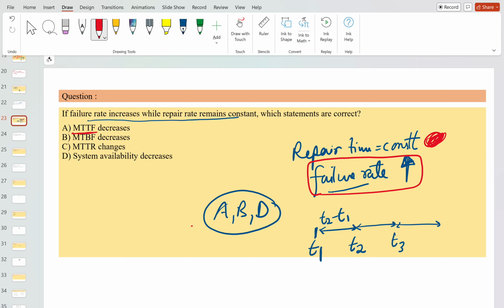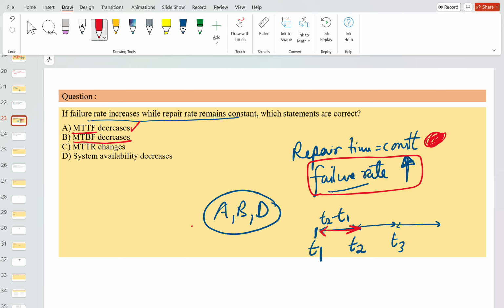When the failure is occurring at a faster rate, the mean time to failure decreases. That's true. The time at which the faults were coming got shorter because the failure rate is increasing. Mean time between failures decreases.